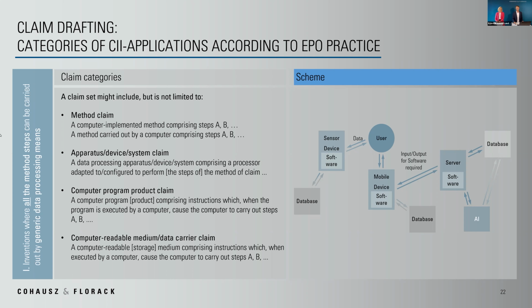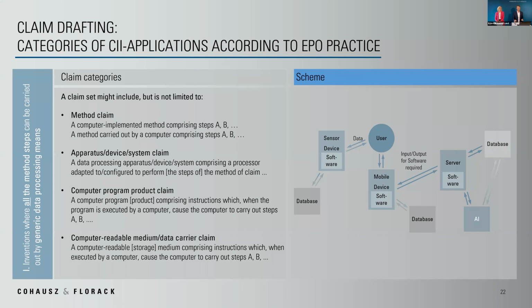And what I want to tell you here is that it is indeed possible to have more than one claim of each claim category, because oftentimes you have a sender-receiver interaction between the devices involved. And the lack of unity objection might not really be a problem.